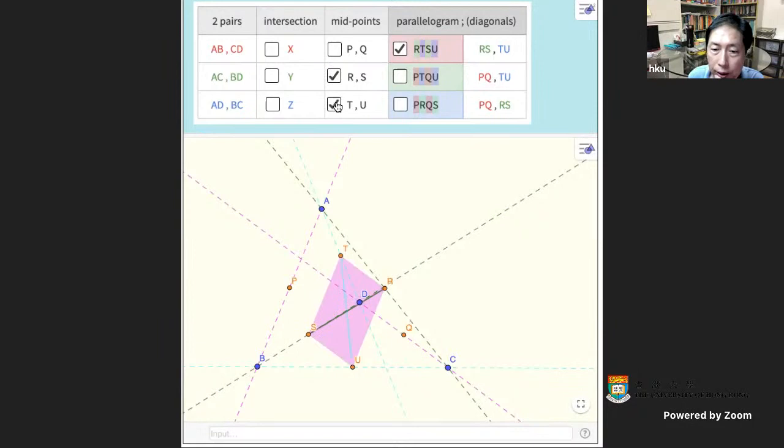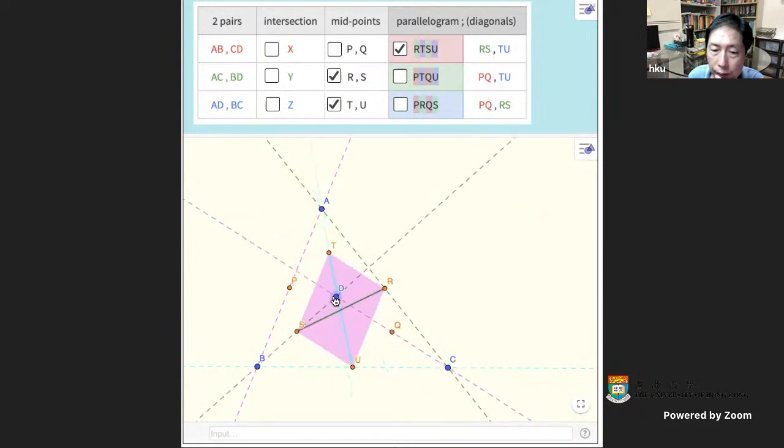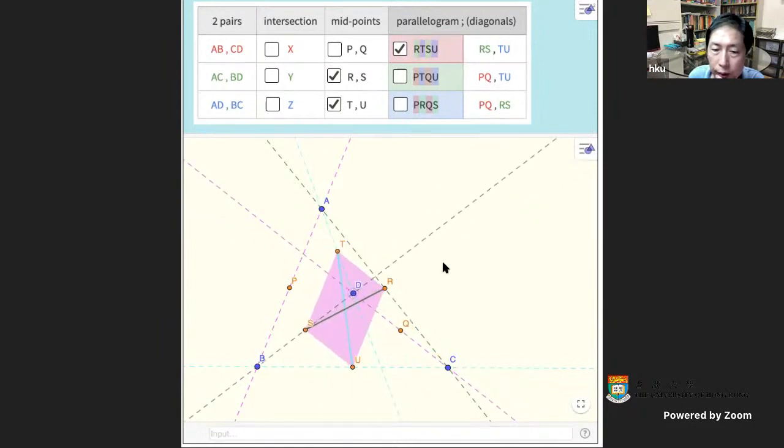And similarly, the second parallelogram has the other diagonals, PQ and TU, corresponding to the other pairs of points that you can identify from another set of lines.